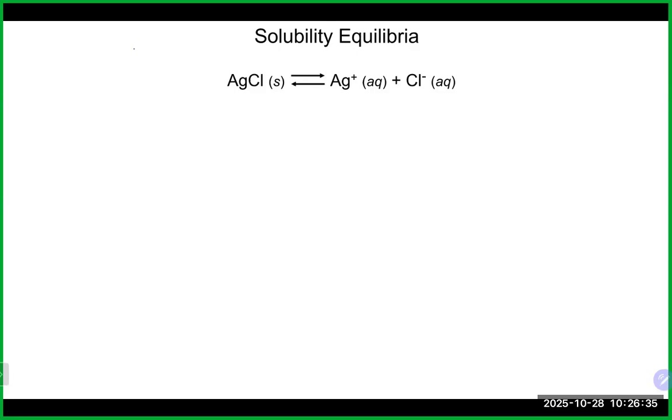There are actually a lot of factors to determine whether or not you'll actually see that solid form. So even though solubility rules say if you put these two things together, you should get a solid, there are a lot of factors that we'll talk about in this chapter that may affect whether or not you actually see that. Things like pH, things like the concentration of everybody is a really important factor.